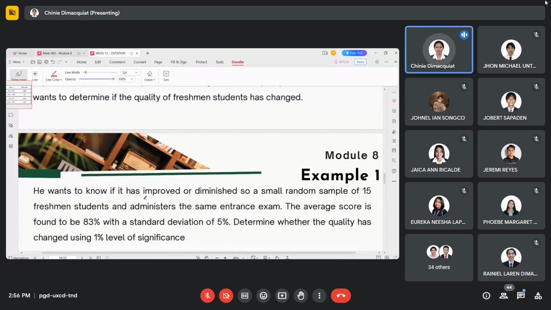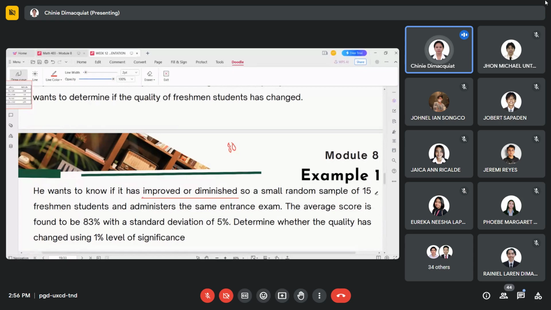So gusto daw malaman kung nag-improve ba or 'di ba yung ating average score ay 80? So gusto daw malaman if bumaba ba kay 80 or mas tumaas kay 80 yung naging average passing score. So a small random sample of 15 freshman students and administers the same entrance exam. The average score is found to be 83% with a standard deviation of 5%.